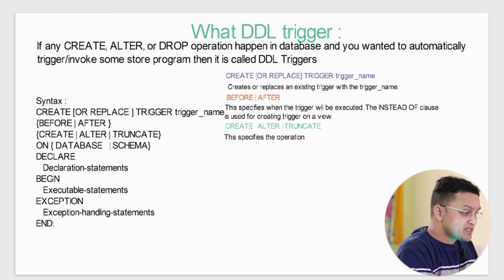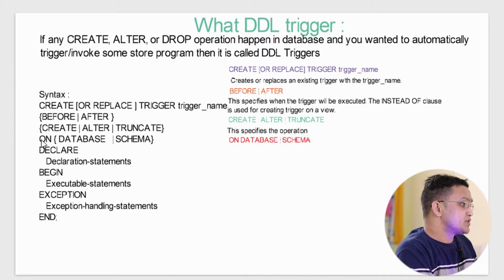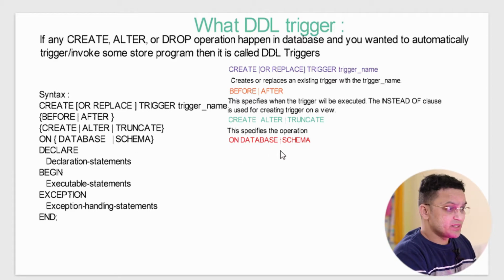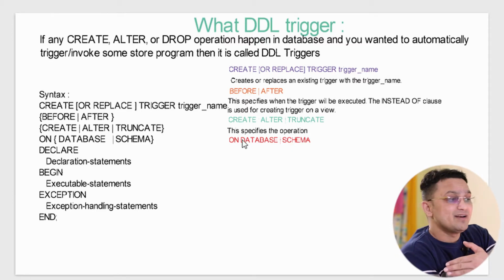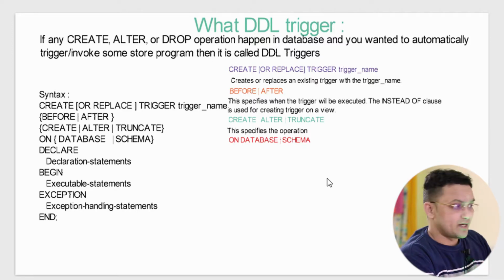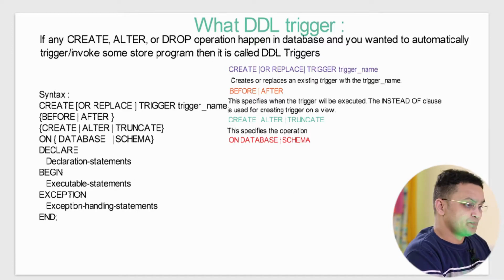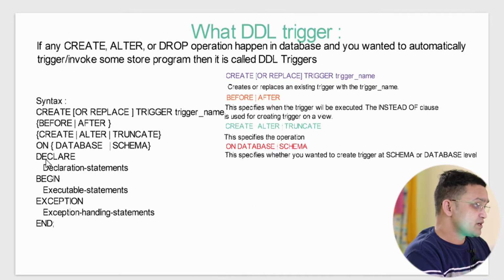Now moving on to the next thing, which is nothing but this one. On database or schema, again you can write only one of them, database level or schema level. It tells at what level this trigger is being written, at the database level or at the schema level. And after that, as usual, the normal PL SQL block: declare, begin and end.